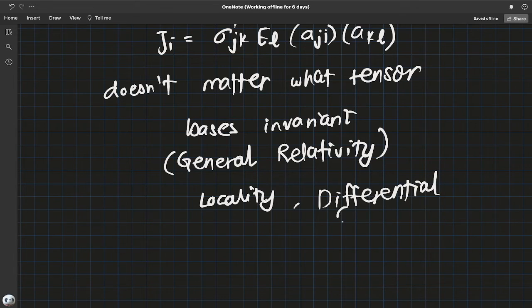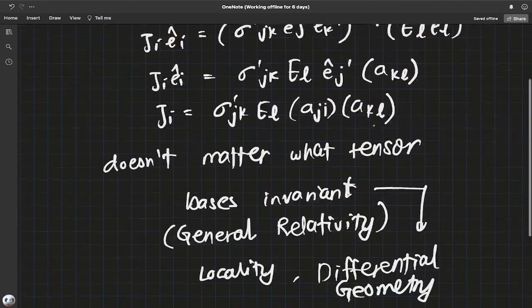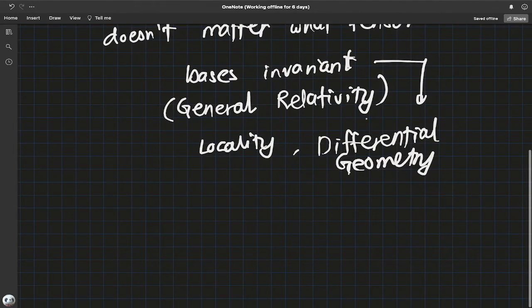I demonstrated a basic tenet of this in probably two videos before, so watch that if you haven't. But the idea of this invariance is really handy. Irrespective of what basis you write anything in, it's really important when we try to write equations, Einstein's equations in general relativity.